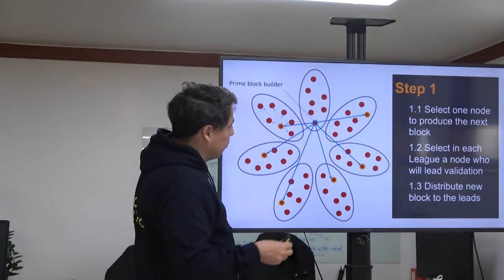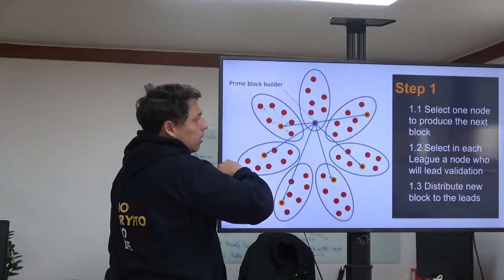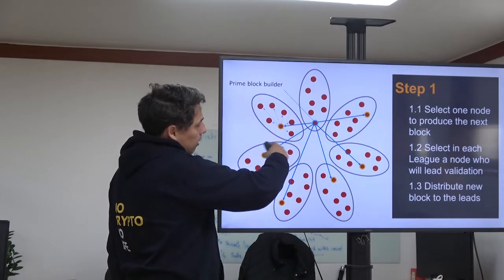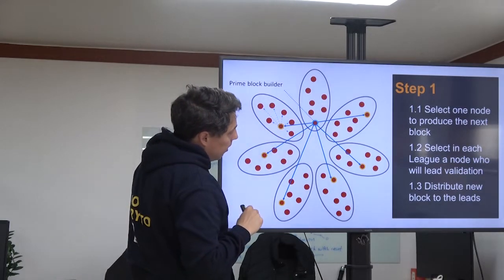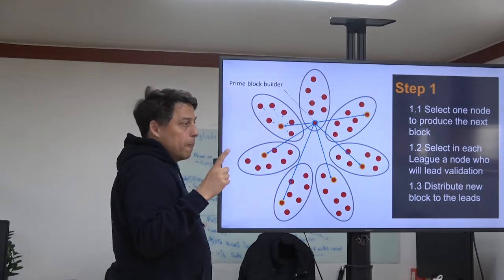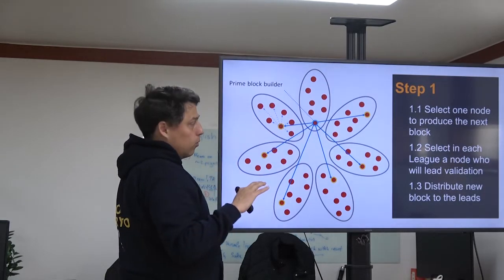Not only do we select one node for building the block, but in each league we also identify one node that becomes the league leader for this particular block.